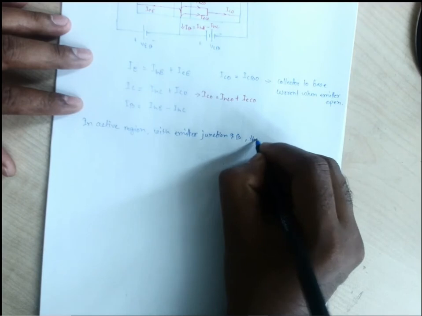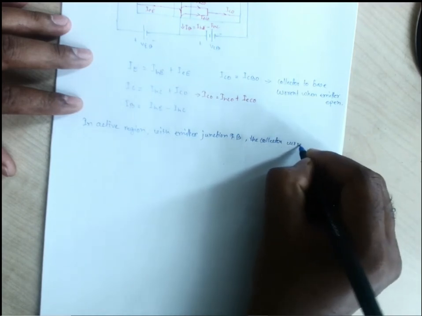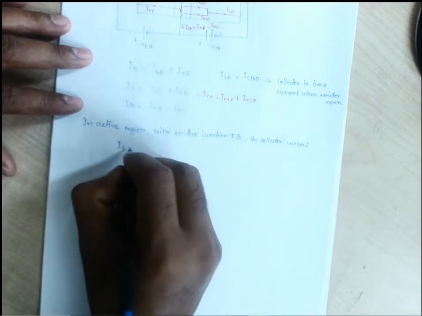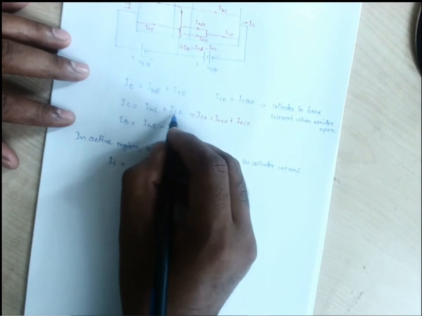The collector current IC is IHC plus ICO.